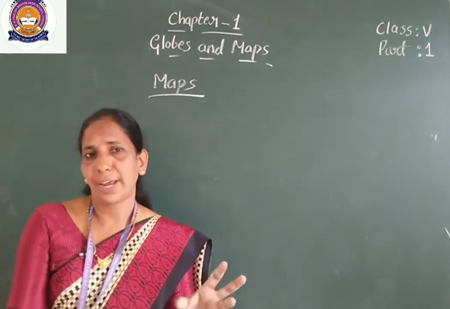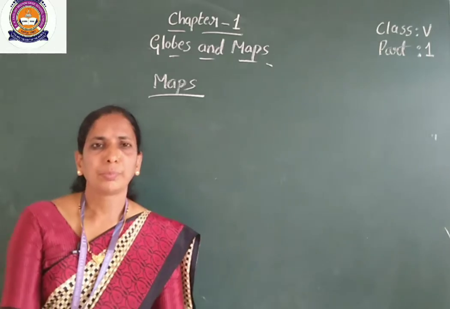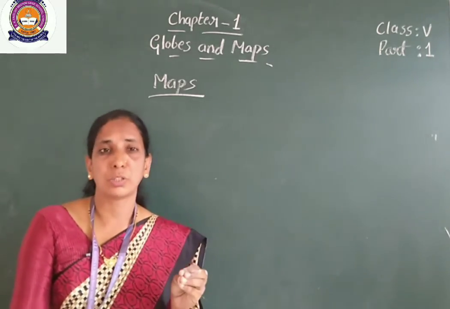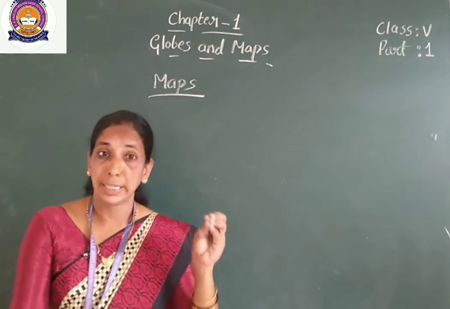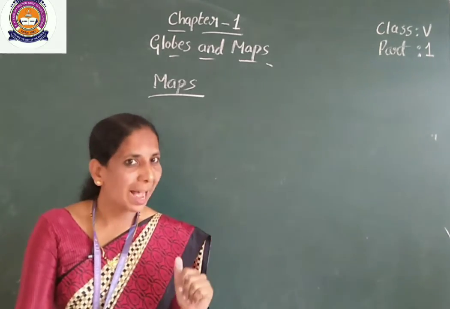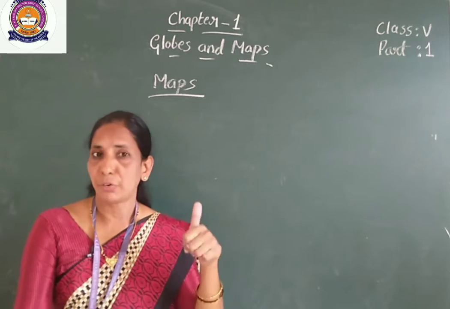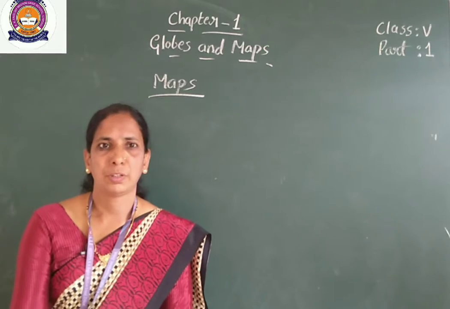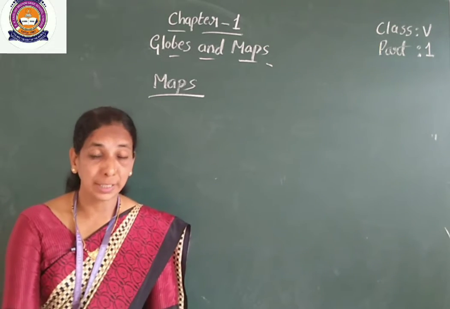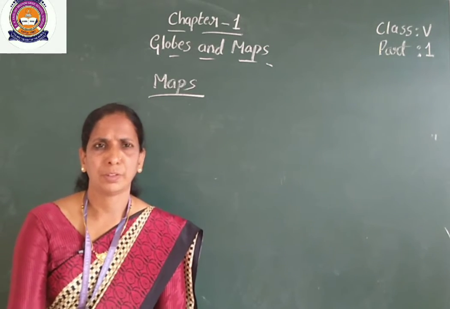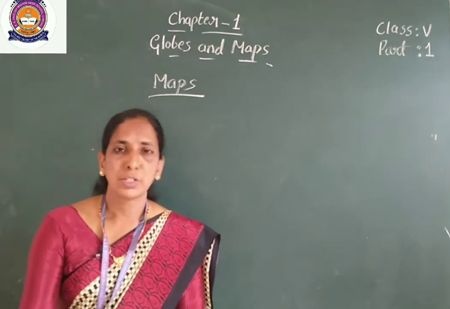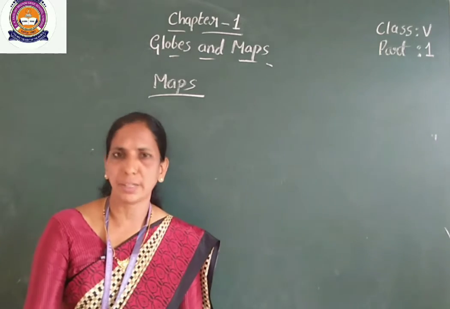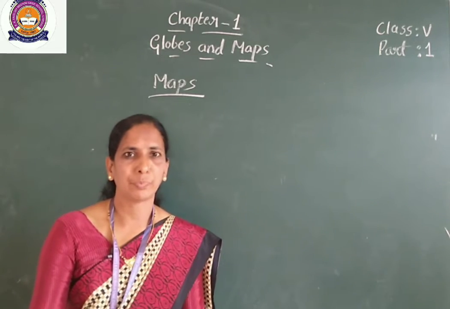We can easily identify states, countries, small towns. What is a map? A map is a representation of the flat surface of the earth. We can identify the places very easily, and we show the states, countries and small towns on the map.